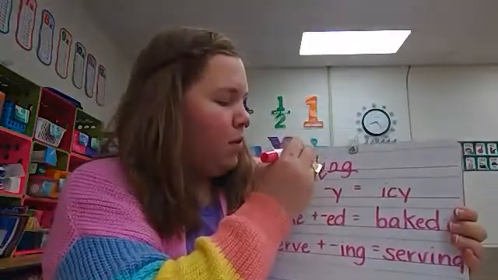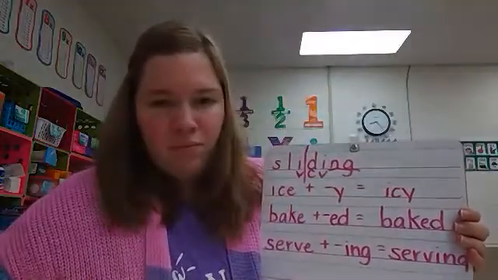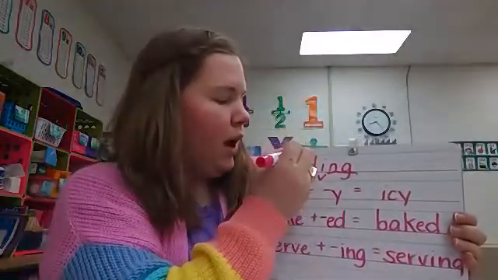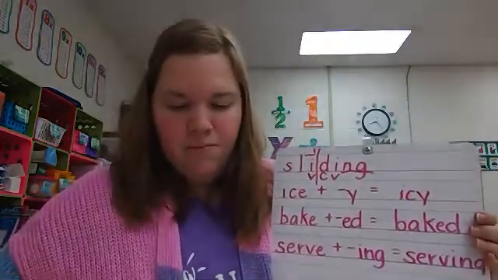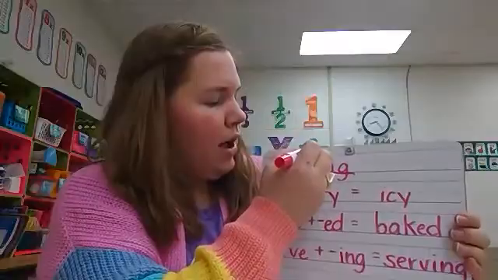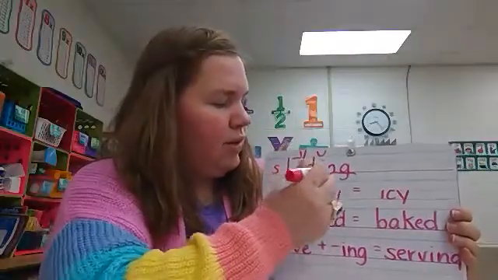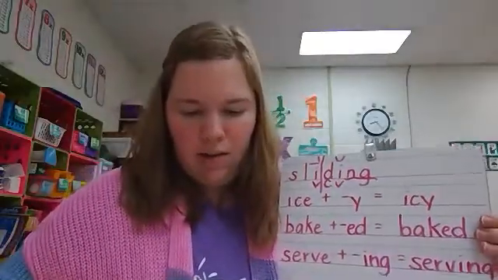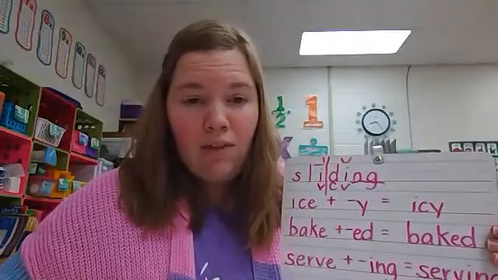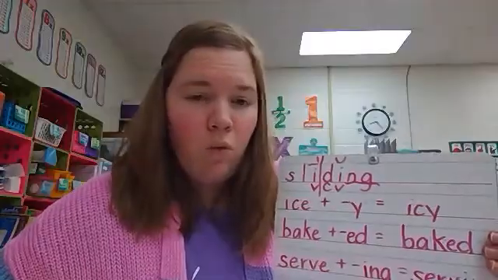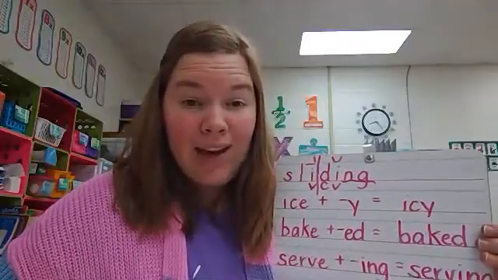So we divide before the consonant. That means the first I gets a macron. It is long, says I. And the second I is short because it is in between consonants. So this is how to code the word without looking at the suffix. And so this word is sliding.